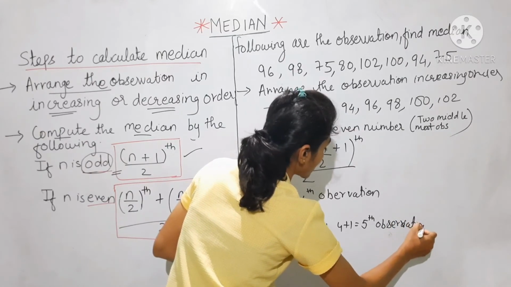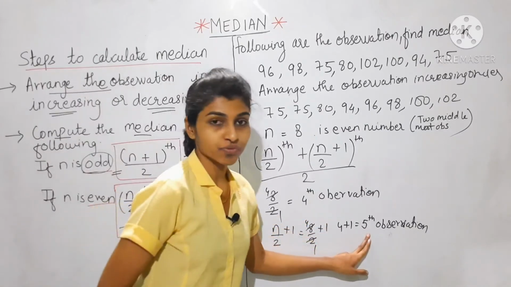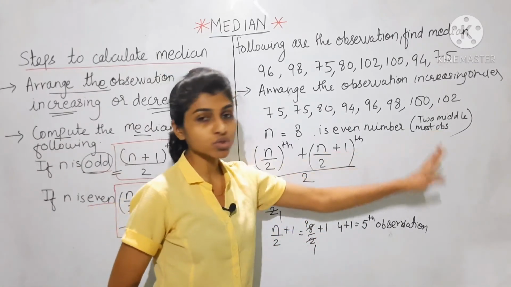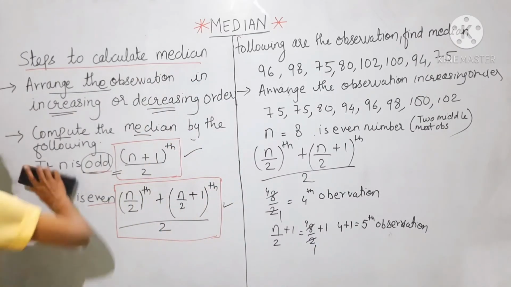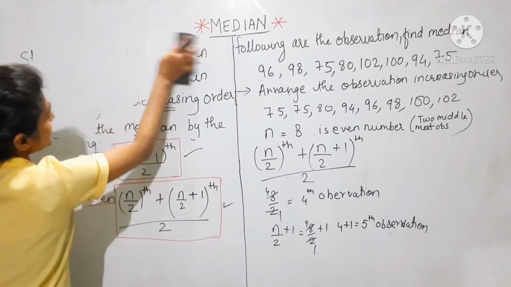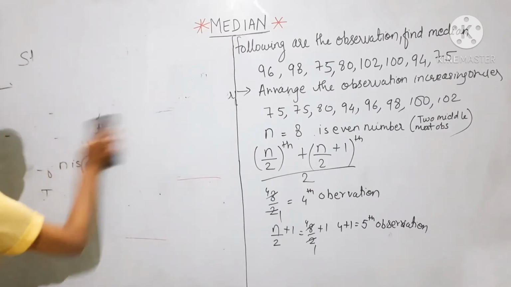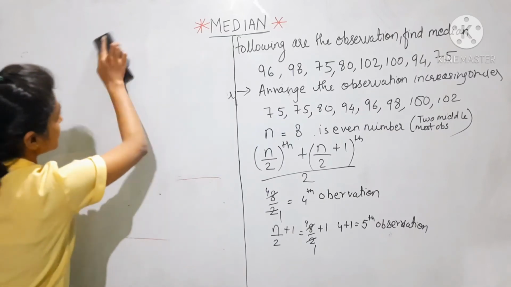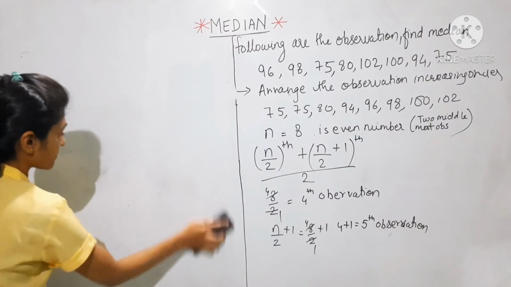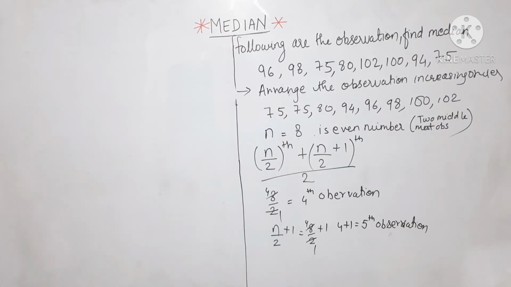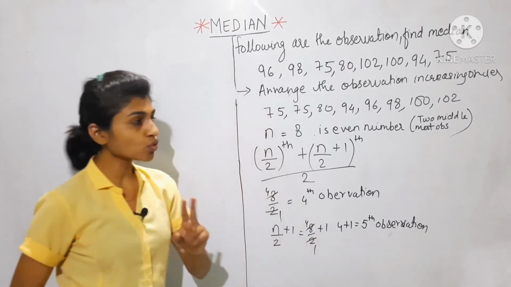Now we have got 2 observations, the fourth observation and the fifth observation, which are the middlemost observations.